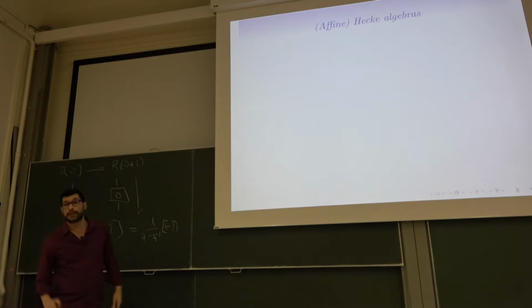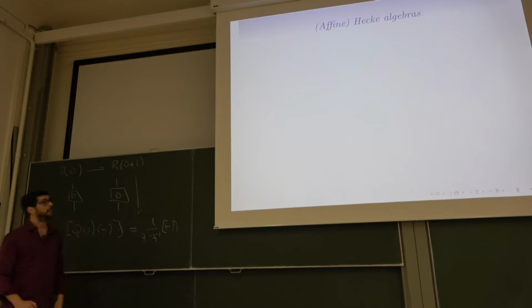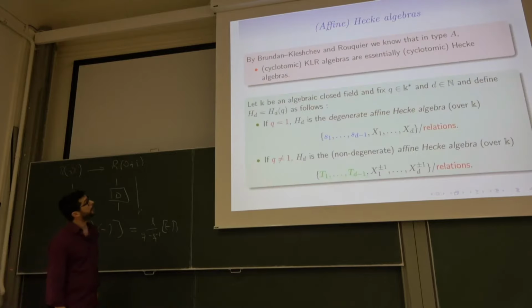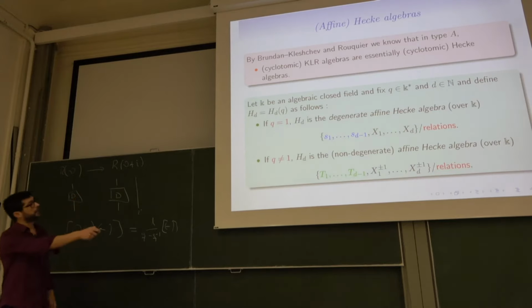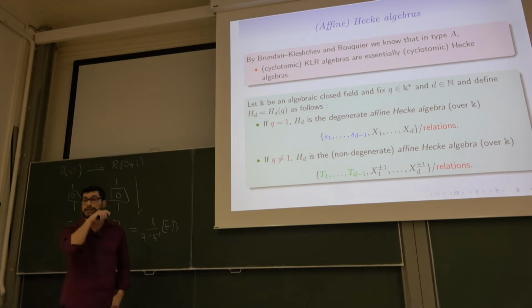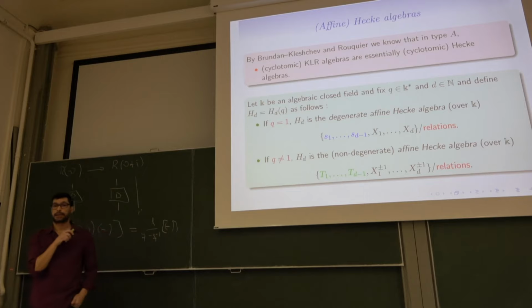Okay, just let me recall what affine Hecke algebras are. Take an algebraically closed field K, fix an element q in the field, and a natural number d, and now define an algebra H_d, which depends on this q as follows. We don't start with the algebra and then look at the parameter; we use the parameter to say which algebra is there.